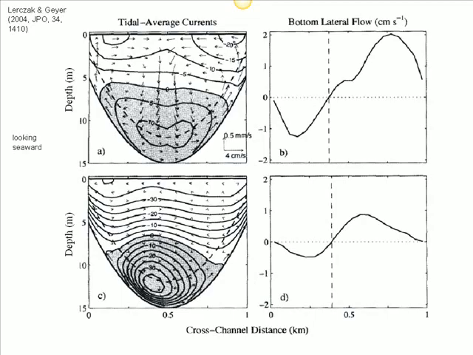So this is something that you could also look at in your data, although you might not be able to because we only have one experiment. But it's something to think about, whether the lateral flows are stronger under strongly stratified conditions or under weakly stratified conditions.